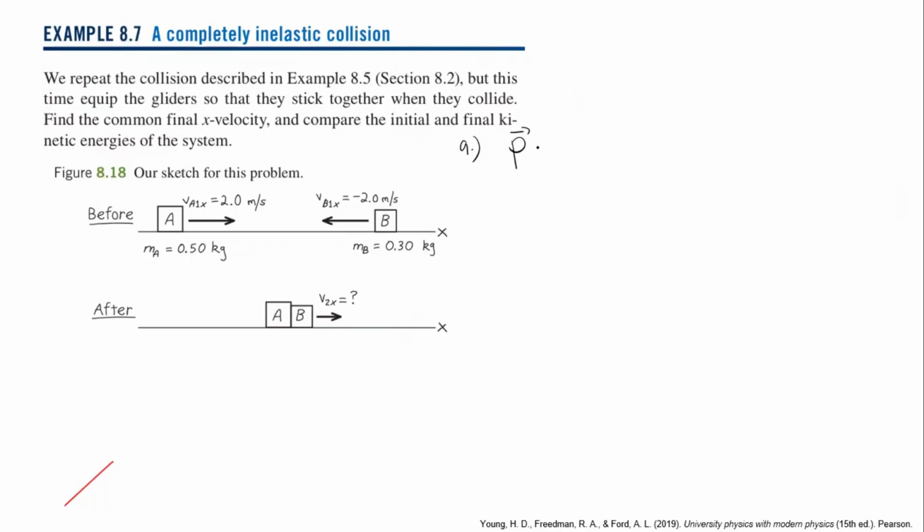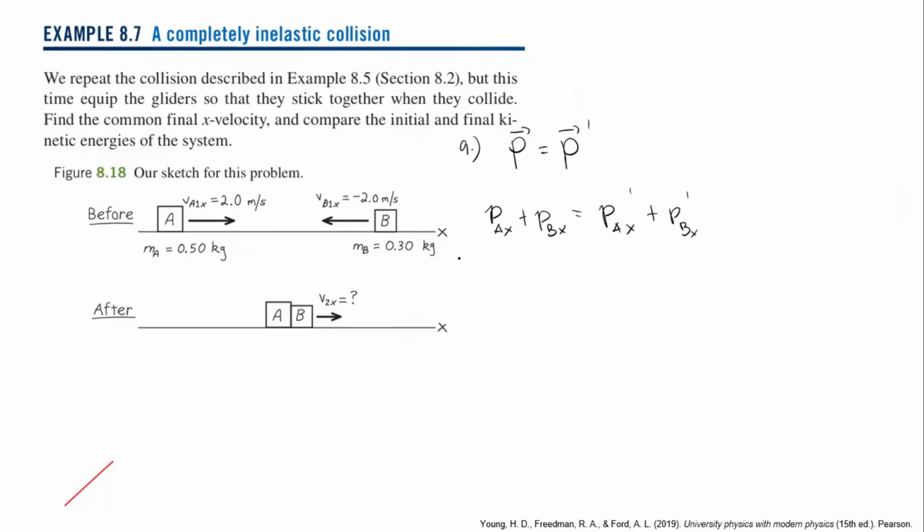the total momentum initial is equal to the total momentum final. We have PAX plus PBX is equal to PAX prime plus PBX prime. This is one-dimensional, the X component.